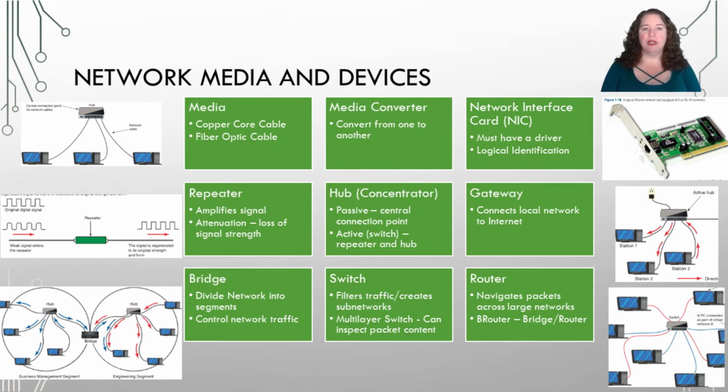A passive hub doesn't have any power. It just connects from the network and it moves along. An active hub can act as a switch, and it can be both a repeater and a hub because you plug it in. So it has power. So we plug power in, and that power is going to use the same concept that's used in a repeater inside of your hub. We like to combine things here.